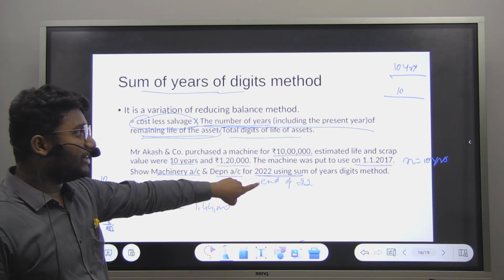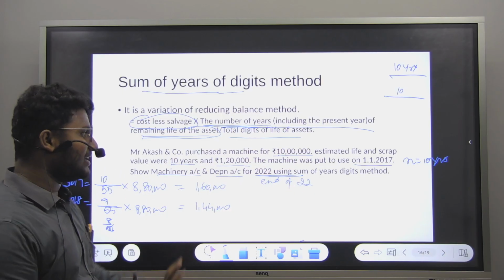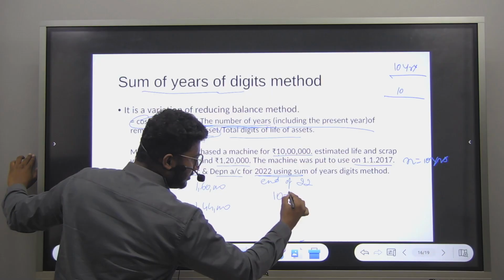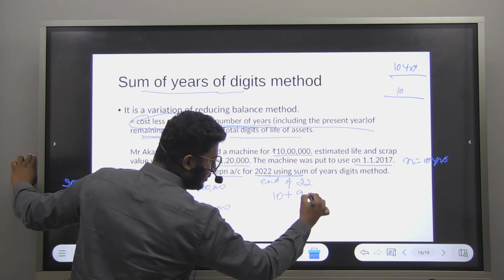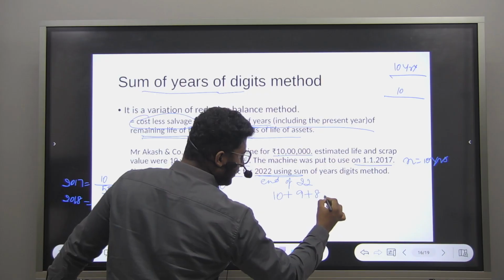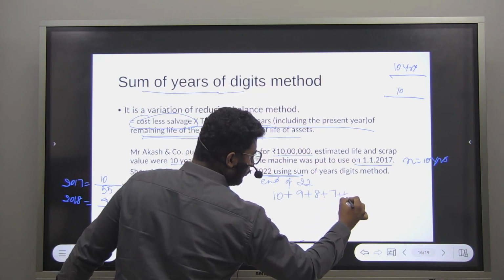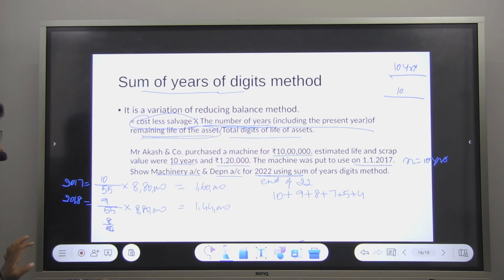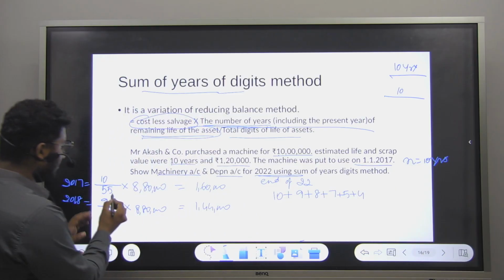So we are preparing it for end of 22. 6 years have passed, which means first year, second year, third year, fourth year, fifth year and sixth year. So these many years have passed.